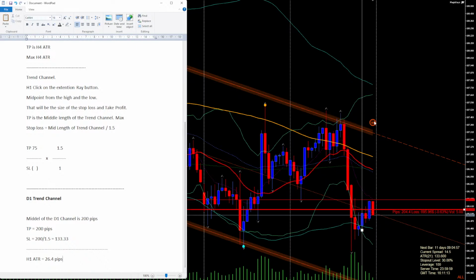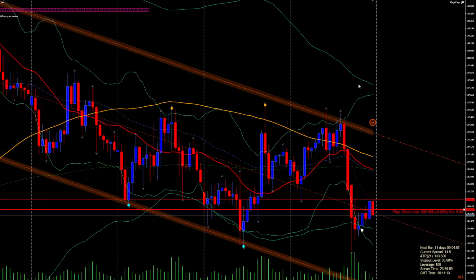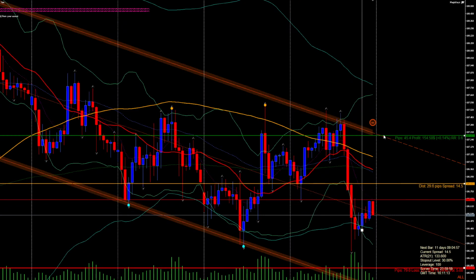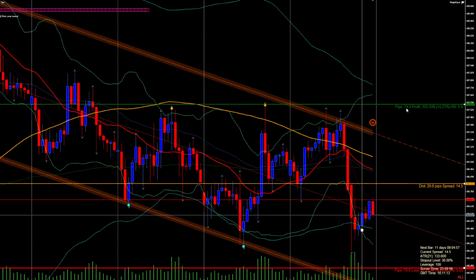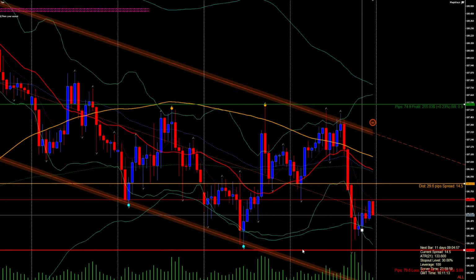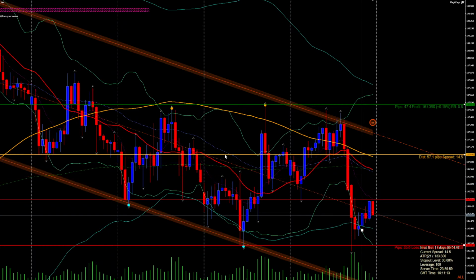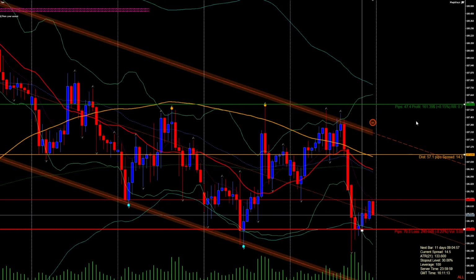Okay, let's do the math. So we got the midpoint. That's about 75. Whoa. 75. Oh, I'm not even doing it right. Okay, I was fooled. It's the midpoint here. It's the line right there. Lines are important. What's going on?